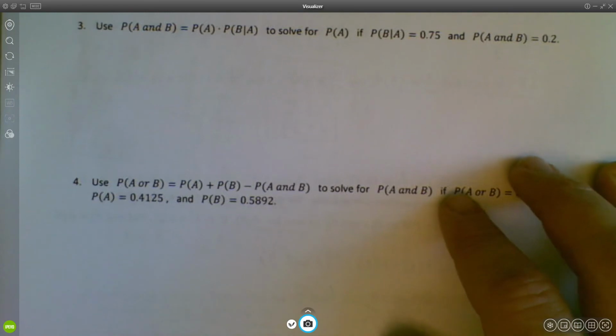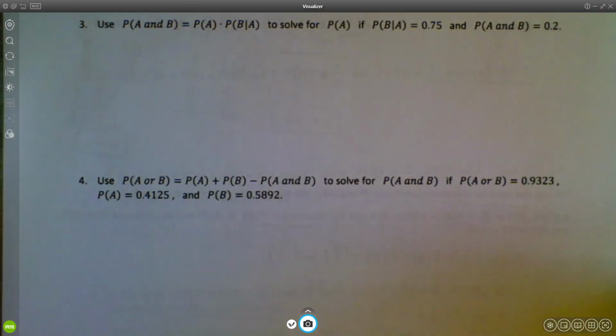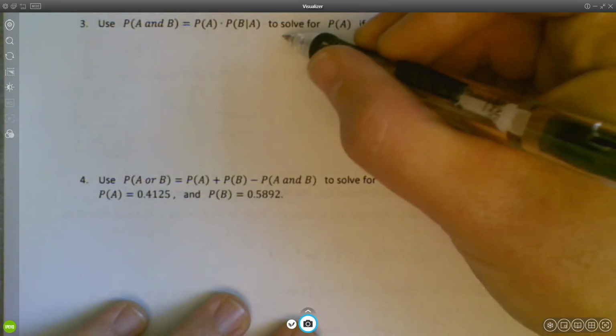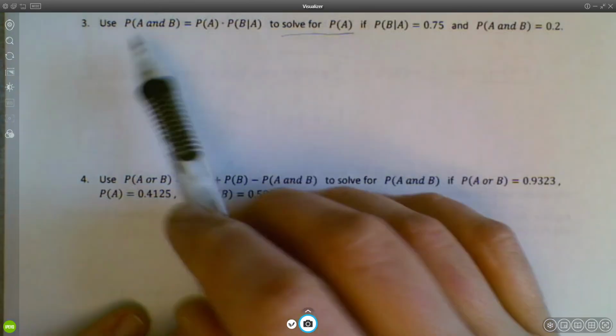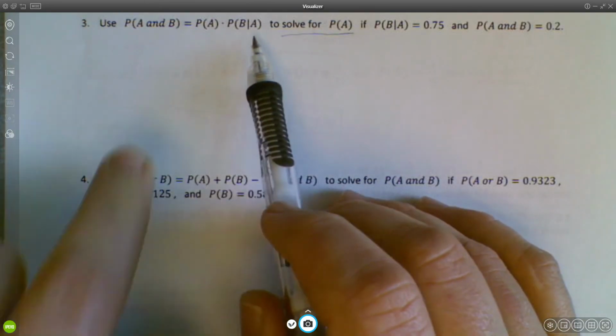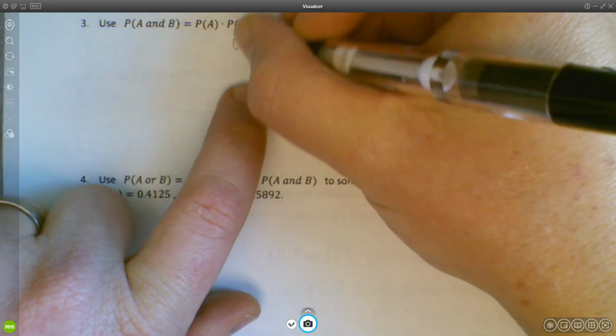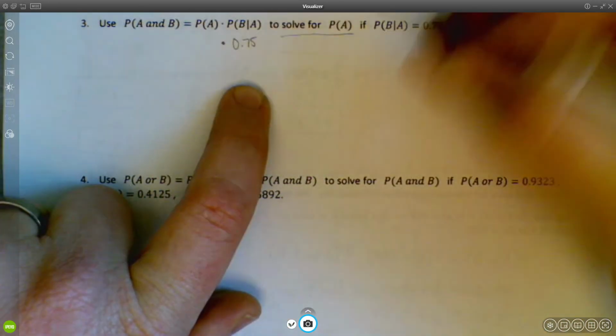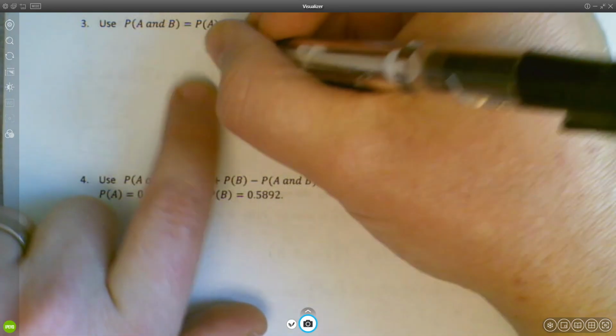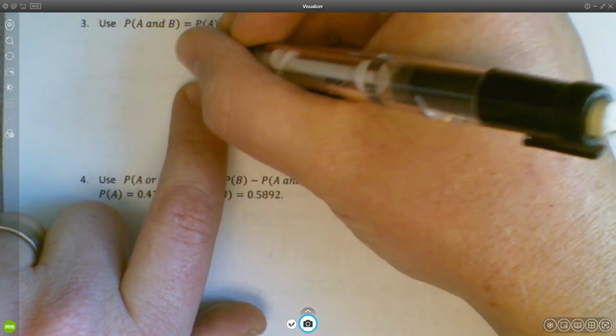Number 3. So we're supposed to solve, again, for probability of A using this formula. We know that probability of B given A is 0.75. Probability of A we don't know. We're asked to find it.